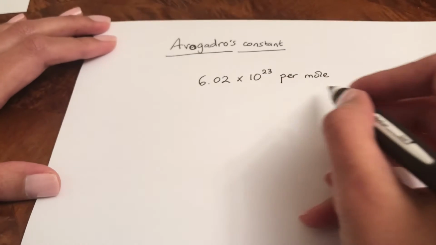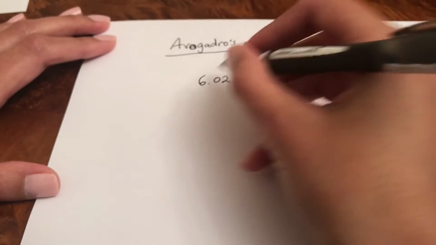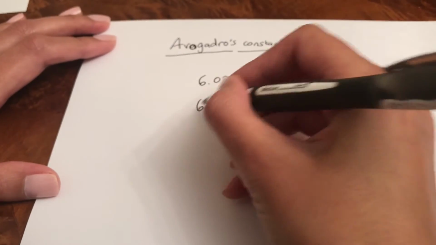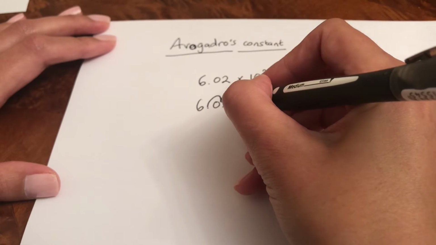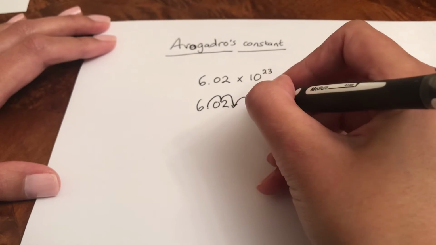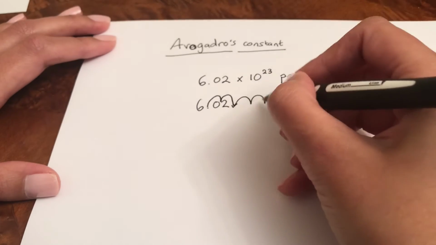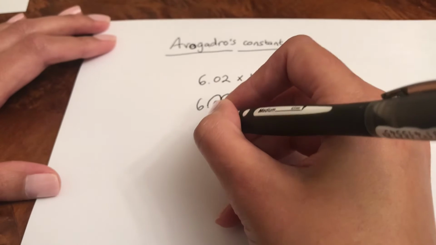Now that's a huge, huge number. So what we're really saying, if you remember, standard form tells us that we need to move the decimal point 1, 2, and then continue until you've reached 23 jumps, as I like to call it.